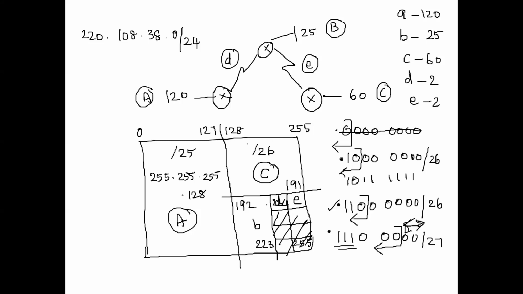Hope you all understand how VLSM is done. Starting from page number 14, you could see the same technique applied using circles. Here I have used the box method, and the same thing is represented using circles. These are the different methods used to solve VLSM questions.